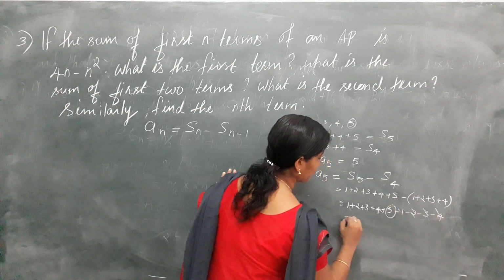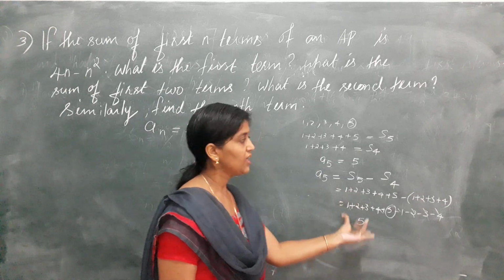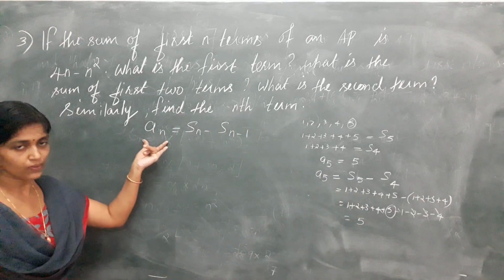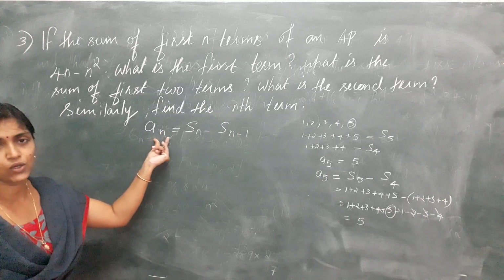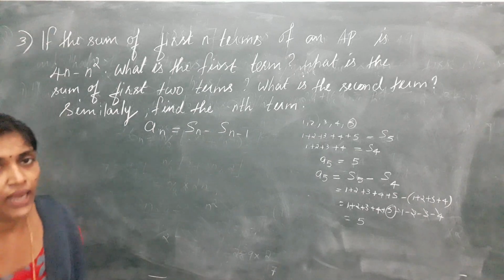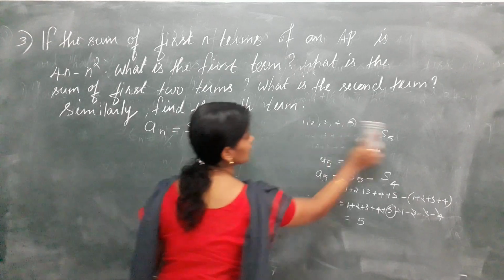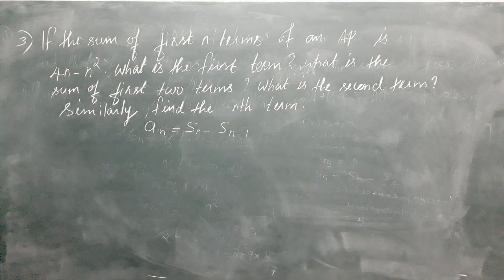So only 5 is left. A5 is equal to 5 we are getting. This is the formula here. An is defined as An is equal to Sn minus Sn minus 1. And in this question, we are using this formula.